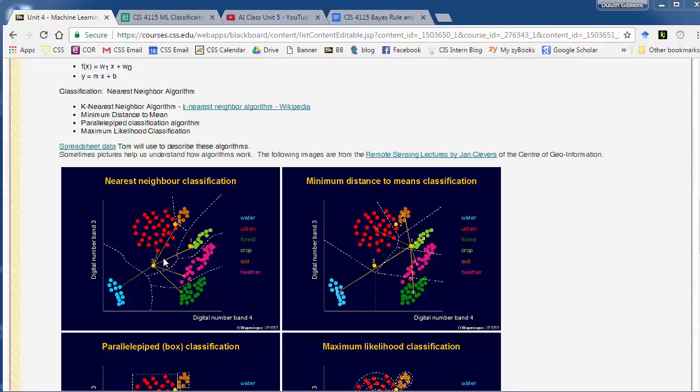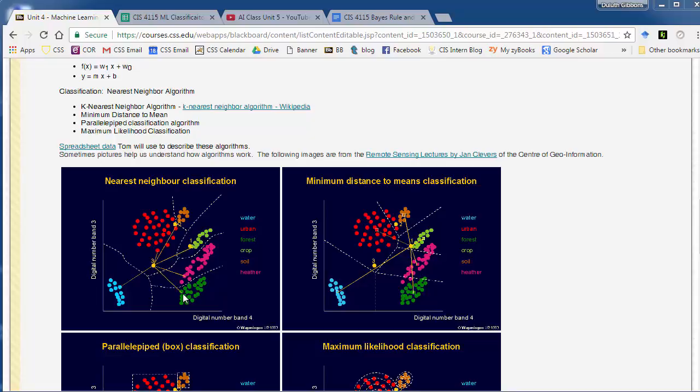A couple of ways of doing this. One is what's called nearest neighbor classification, and we'll be doing this in our code this week. Basically, from any point here, let's look at point 3, this new point, we calculate the distance to every other data point and find the nearest one in each category. So that's the nearest water, this is the nearest urban, this is the nearest soil, and the nearest crop.